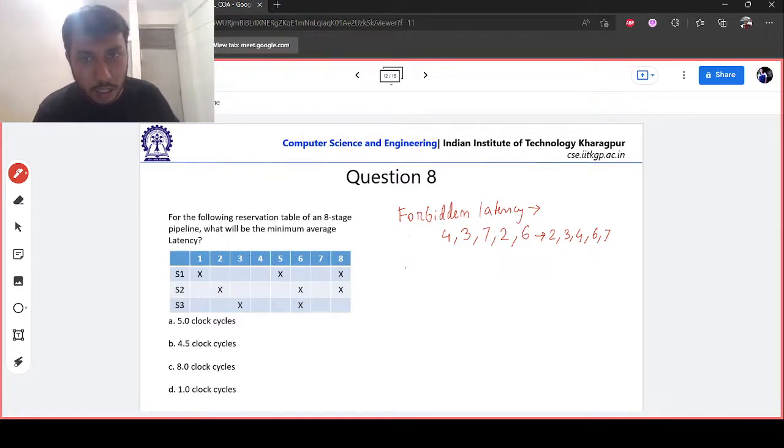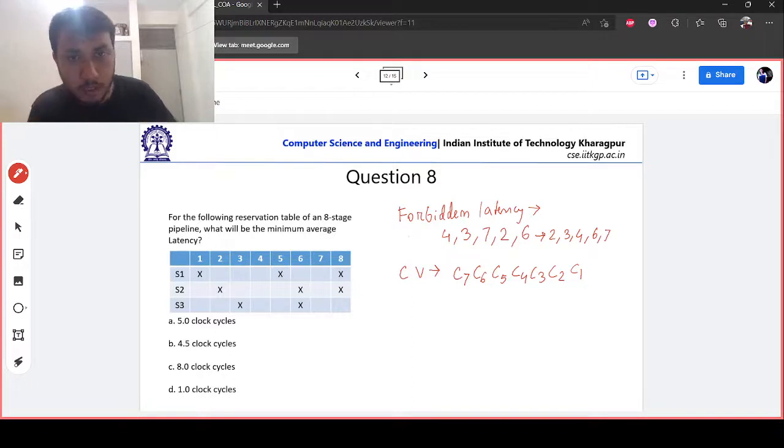So we need to find out the collision vector. The collision vector we can write as C7, C6, C5, C4, C3, C2, C1. You can see the forbidden latencies are given as 2, 3, 4, 6, 7.